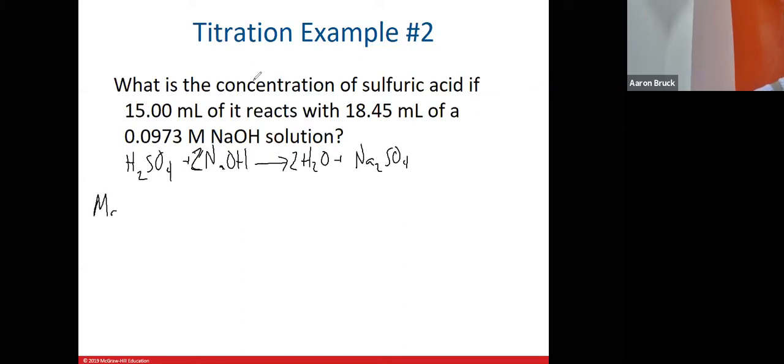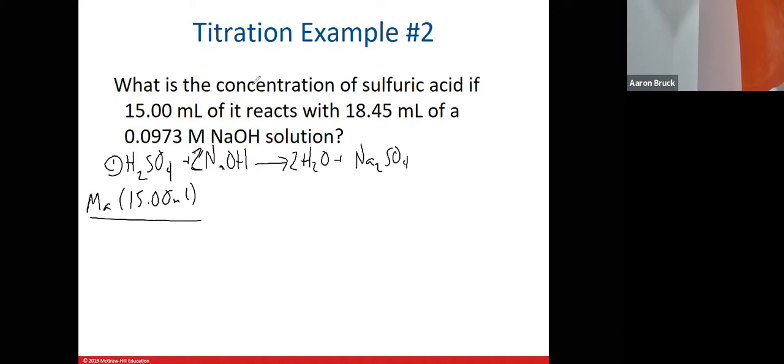So the molarity of the acid multiplied by 15 milliliters divided by its coefficient, which is 1, is equal to the molarity of sodium hydroxide, 0.0973 molar, times 18.45 milliliters, divided by its coefficient of 2.